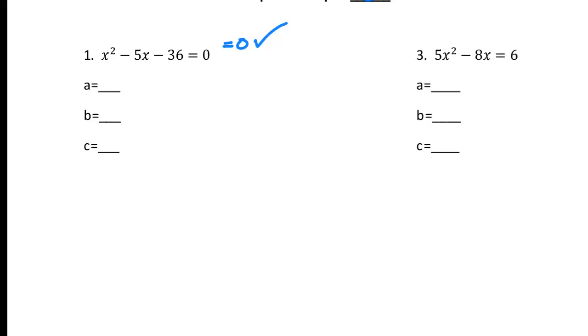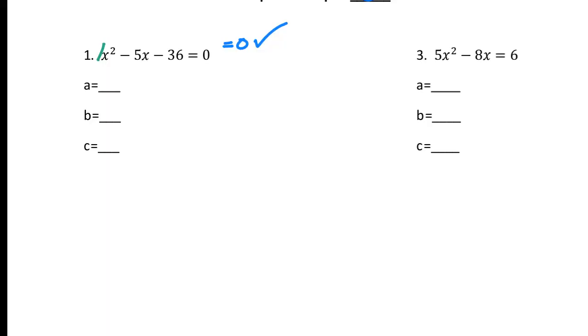So now I can find my A, B, C values. All right. So, Cadence, what is my A value for number 1? It is not 5. It's in front of the x squared. So that means it is going to be 1.